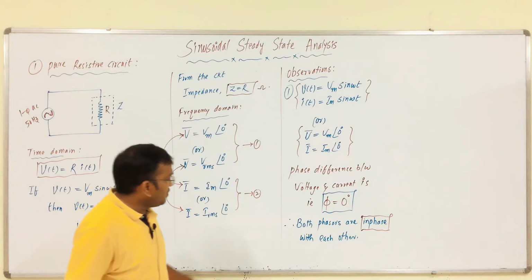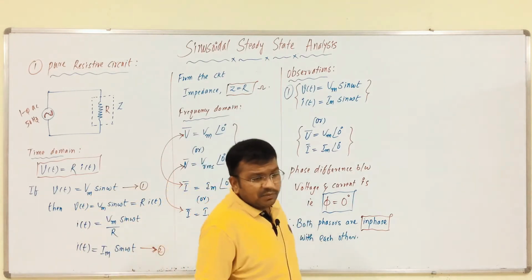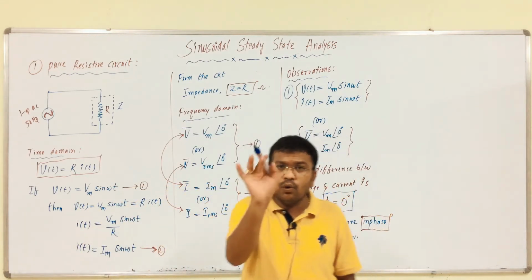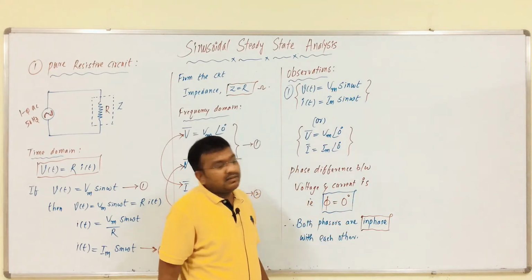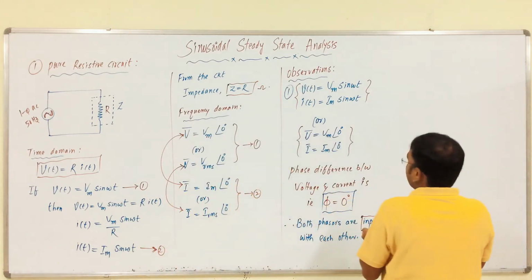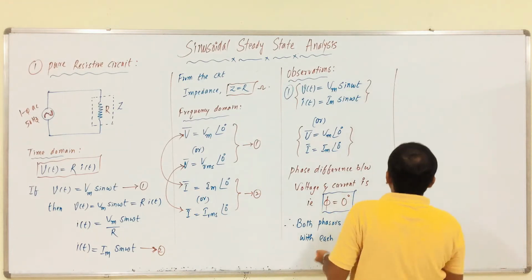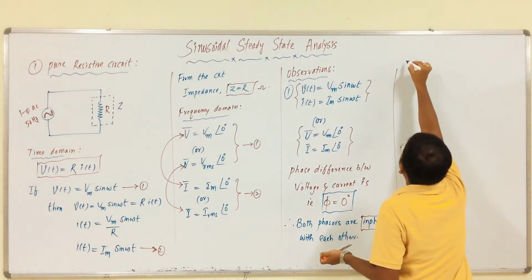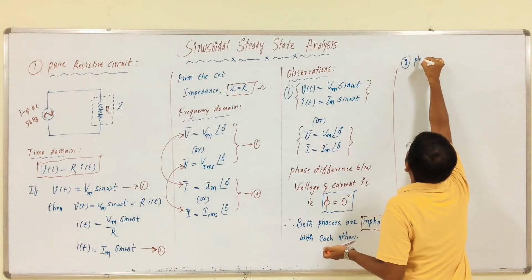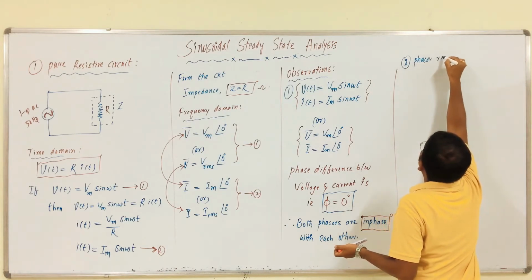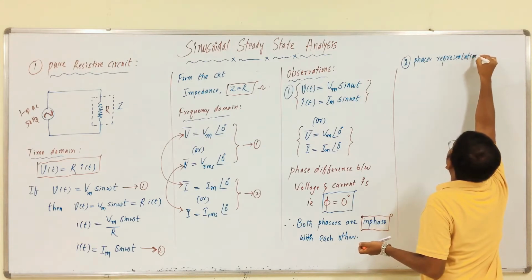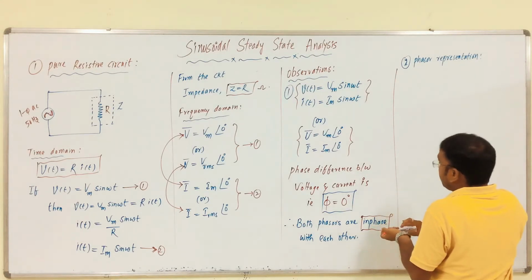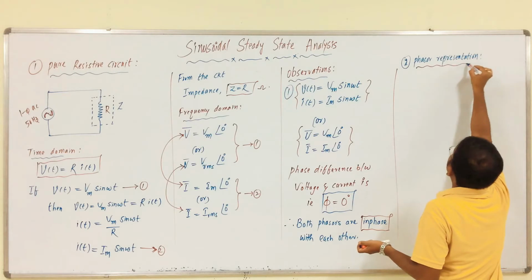If the phase angle or phase difference between any two quantities is 0, then those two phasors are in phase with each other. Means, second observation, phasor representation. That is the second observation.